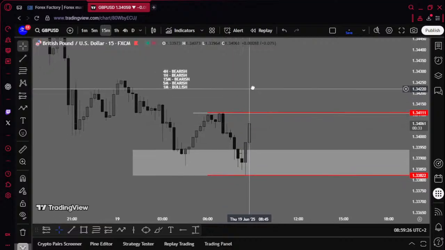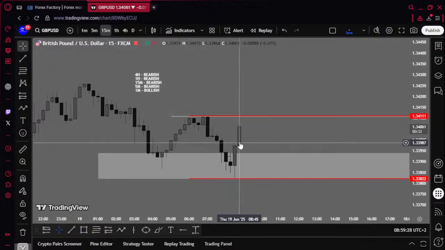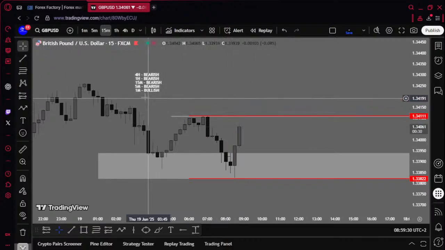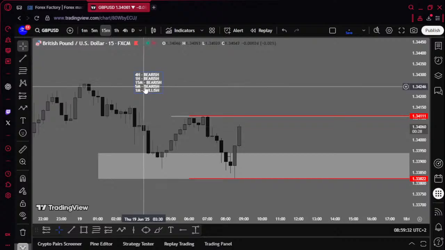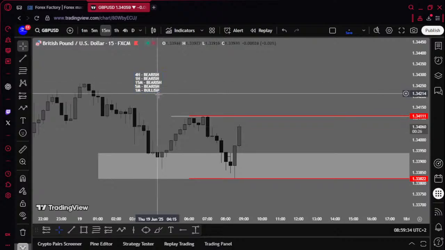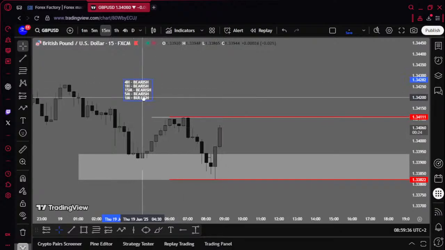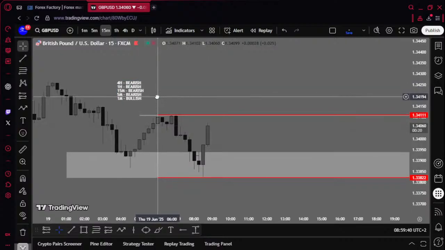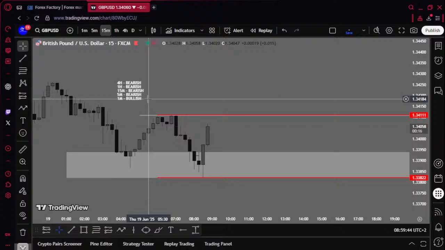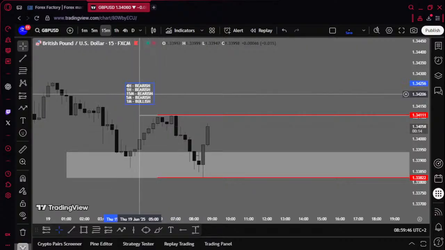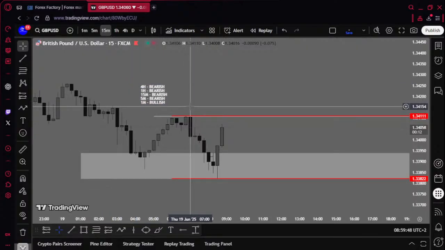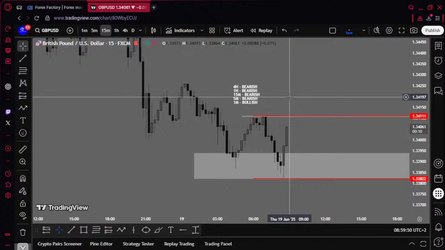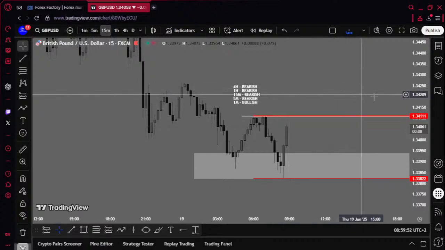I mean, all of my time frames are bearish. So I'm going to enter only when the 5-minute has confirmed bullish market structure. That makes it extremely low probability because 3 of my higher time frames are still against my direction, which means the percentages go against me.